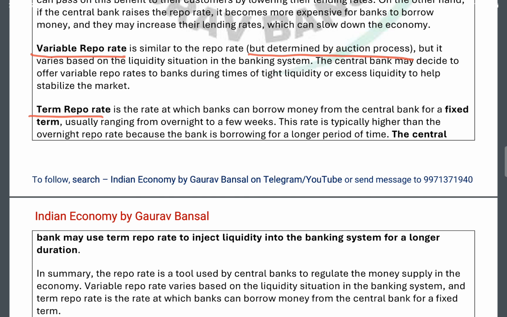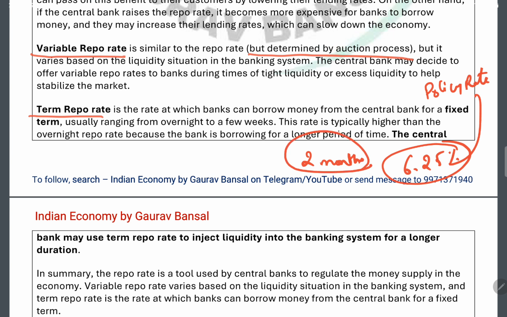Term repo is a rate which is different from the monetary policy statement rate, meaning the policy rate which RBI has announced. Let us say the policy rate is 6.25 at present. Now, a bank wants to take a loan for 2 months.